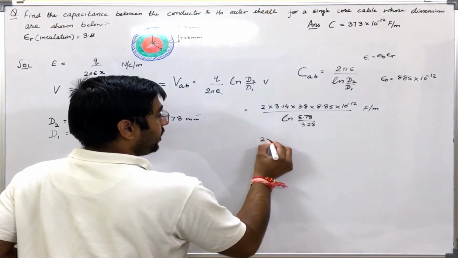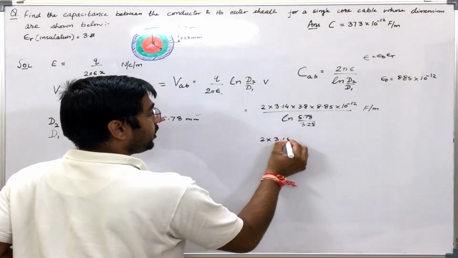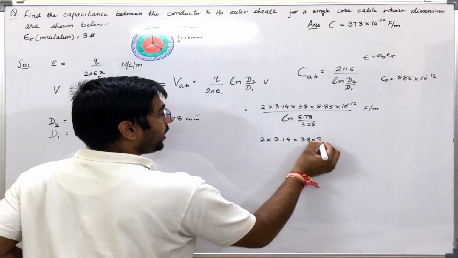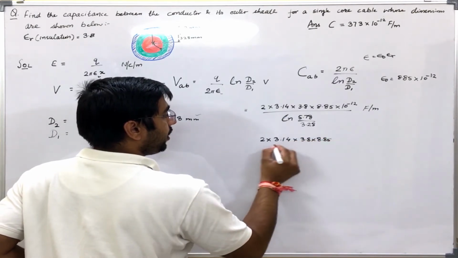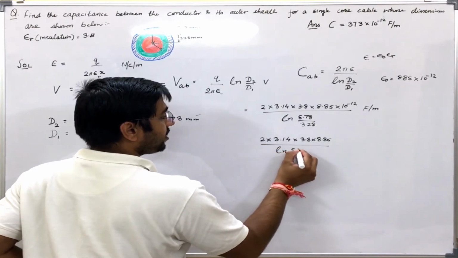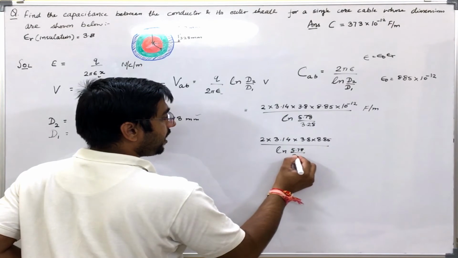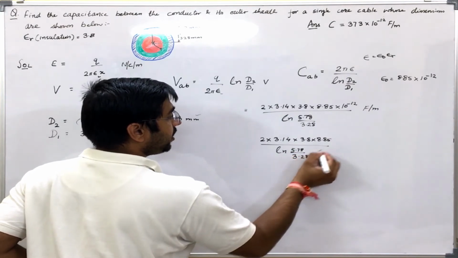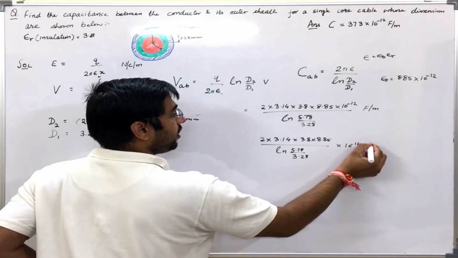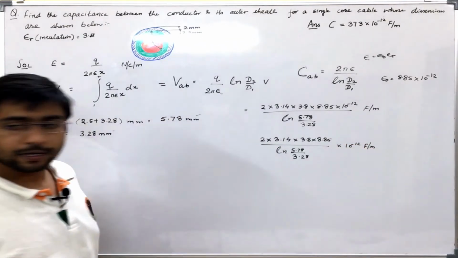Now we need to solve only this: 2 into 3.14 into 3.8 into 8.85 divided by natural log of 5.78 divided by 3.28, into 10 to the power minus 12 farad per meter.